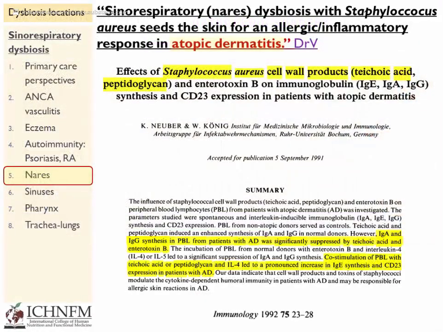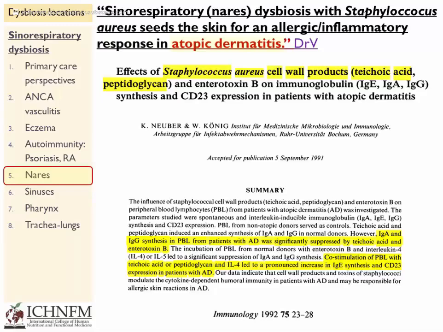Let's look at a few more details here. Sinorespiratory dysbiosis with Staphylococcus aureus seeds the skin for an allergic inflammatory response in atopic dermatitis. Let's look at this article from Immunology. This was 1992. Effect of Staphylococcus aureus cell wall products, teichoic acid, peptidoglycan, on immunoglobulin synthesis in patients with atopic dermatitis.